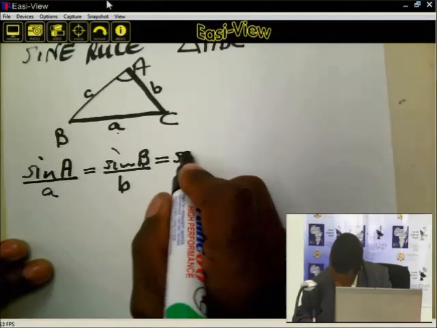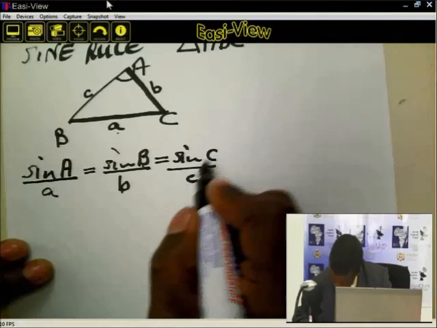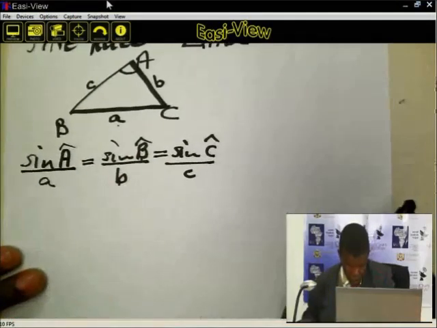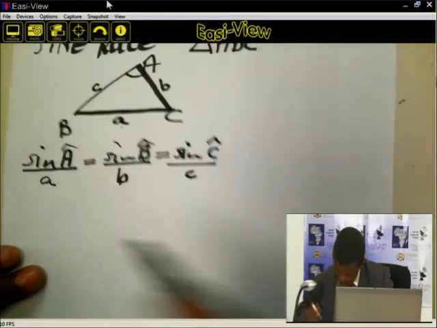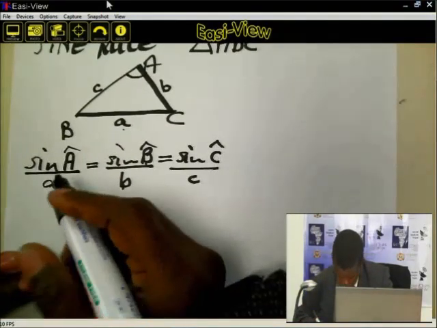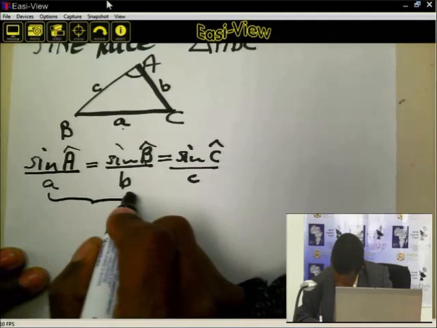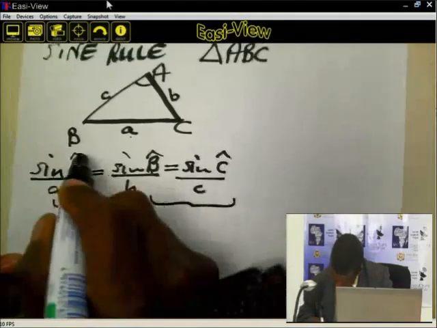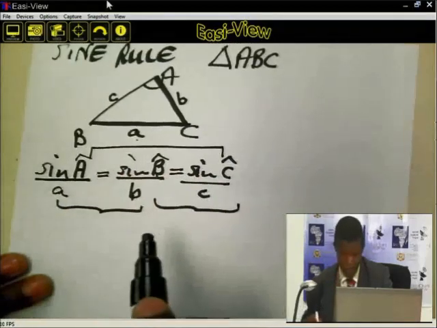And finally we can have this. This is the sine rule. But the beauty of it is that at any given time we use any two of them. We use this one, or this one, or that one.